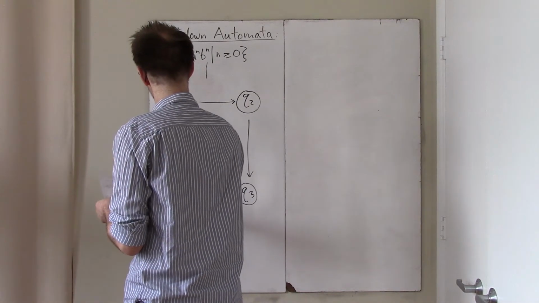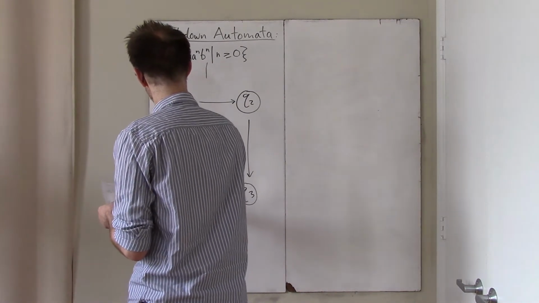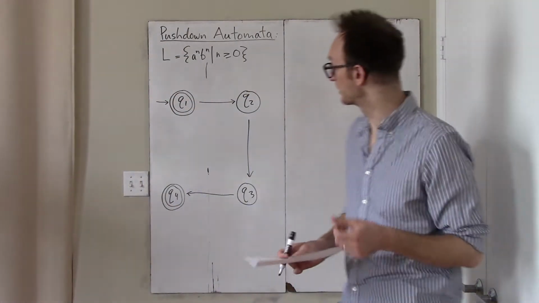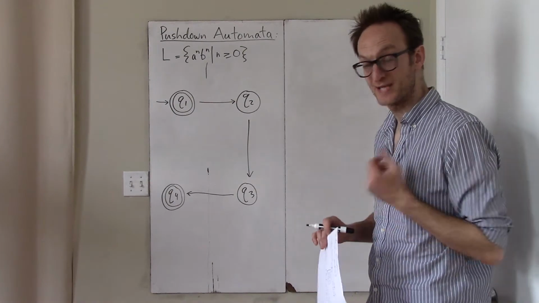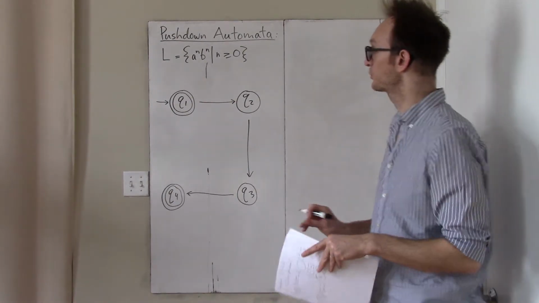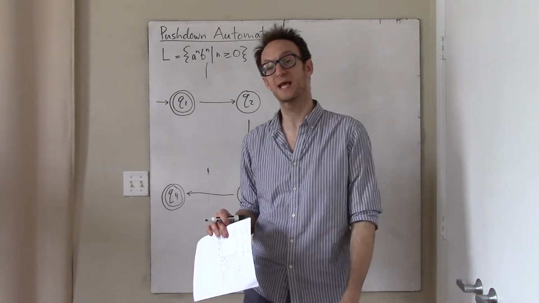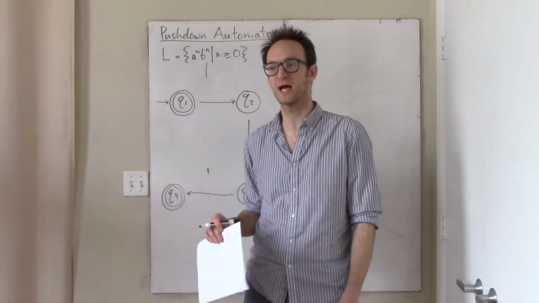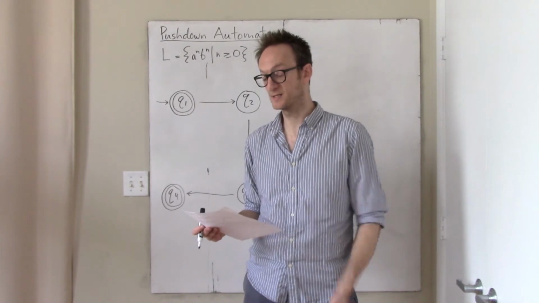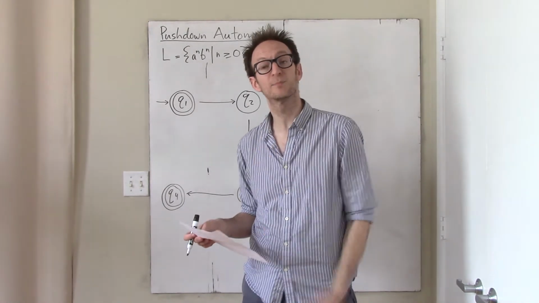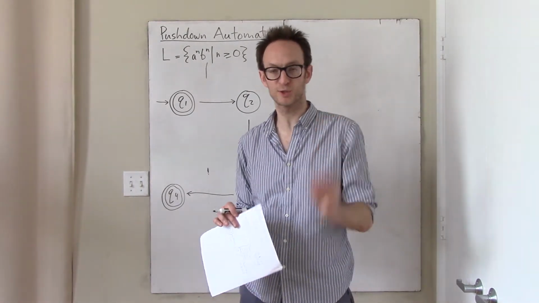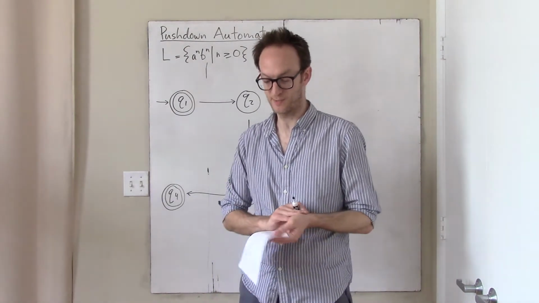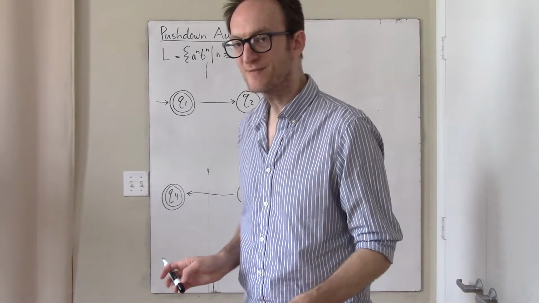So far, this seems not unlike a finite state machine. We have a certain number of states. We have certain transitions which take us from state to state. We are, once again, processing a string, one character at a time. And based on what the particular character is that the cursor is on, we transition from one state to another.